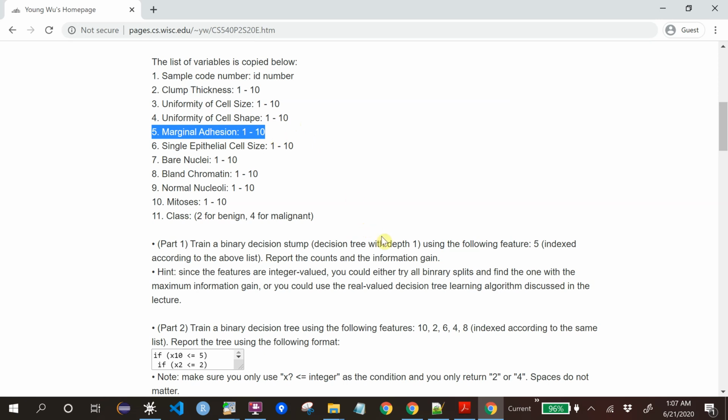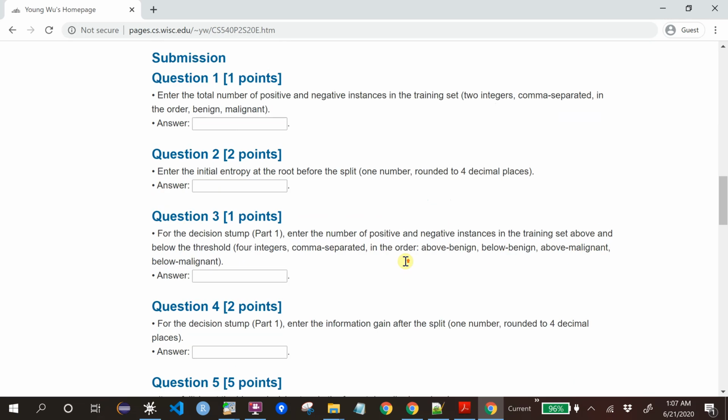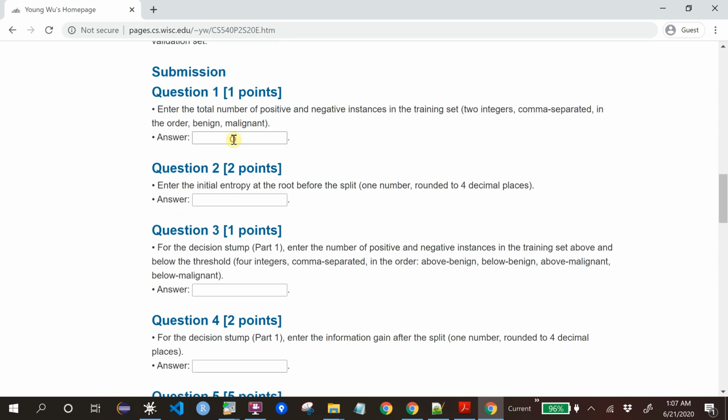Basically, I want you to compare the 9 possible splits and find the best one in terms of information gain. You can enter the counts here, the number of positive and negative ones, and here the positive and negative ones with above and below the threshold. There are 4 numbers here and 2 numbers here. When I'm grading, I'm not grading if questions 1 and 3 are exactly correct according to the original data set.